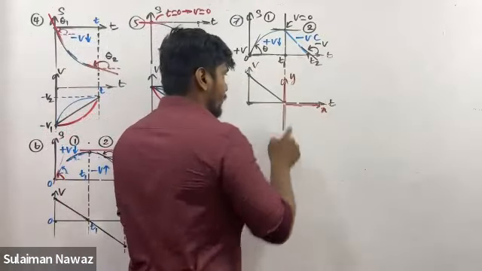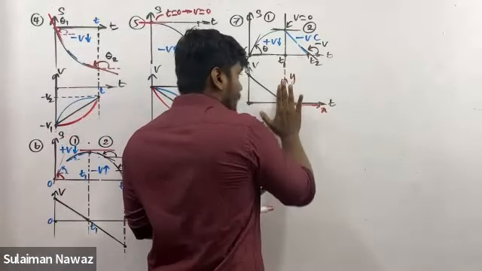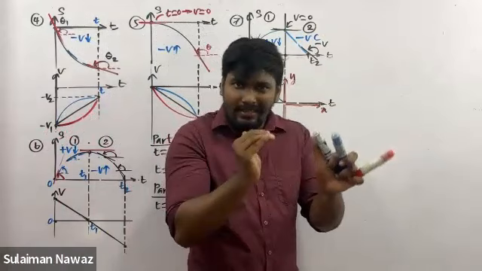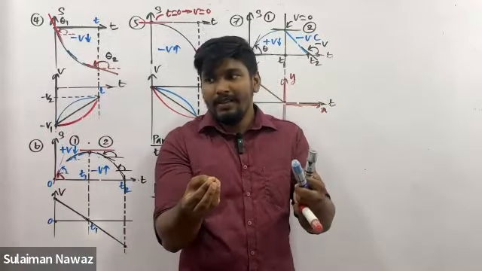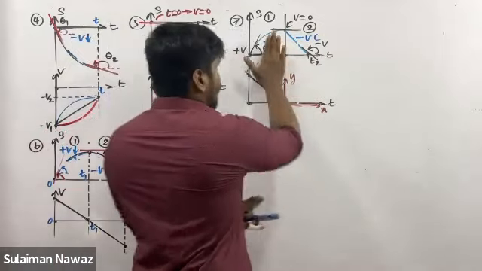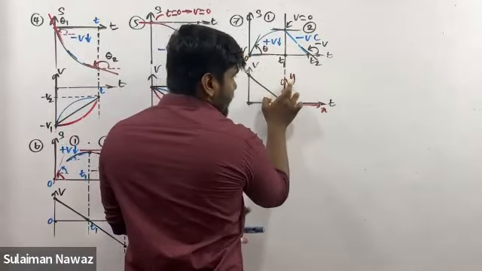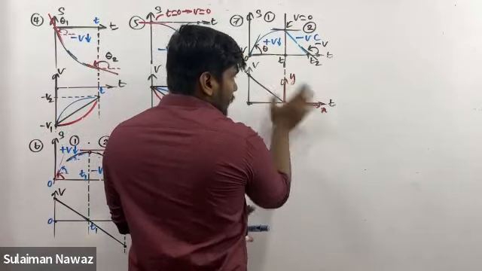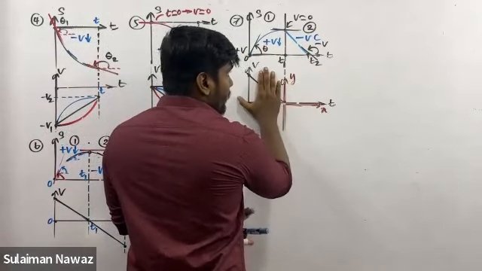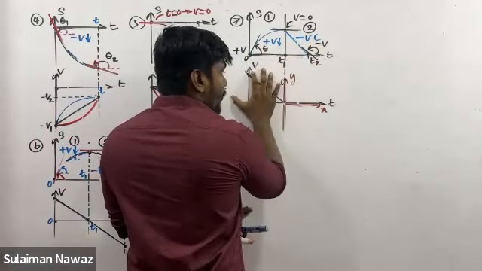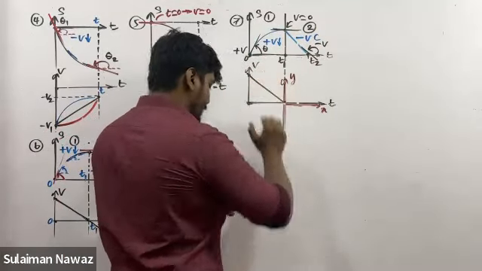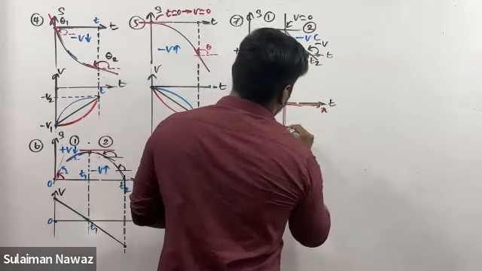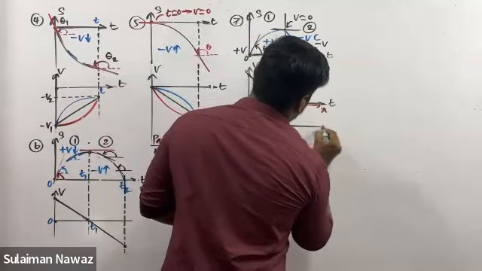The first graph finishes at this point. Then the second part is a new graph. Forget about this part. Follow this part. This is your y-axis velocity. This is your x-axis time. It's a new graph. How do you draw a negative velocity constant graph? Like this. That's it.